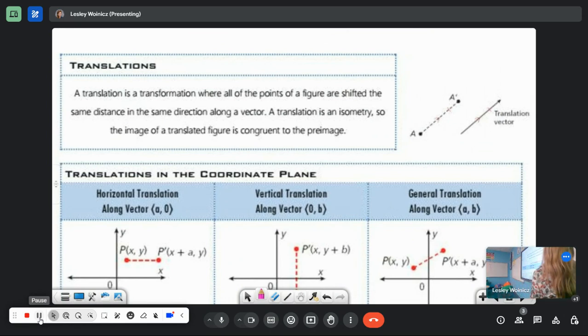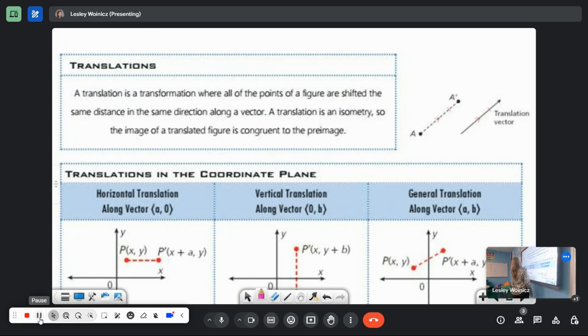Okay, a translation is the type of transformation where all of the points in a figure are shifted the same distance in the same direction along a vector. Okay, we did that just without coordinates. A translation is an isometry, like rotations and reflections, so the image of a translated figure is congruent to the pre-image.